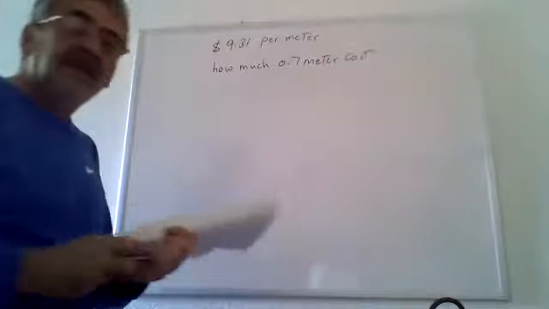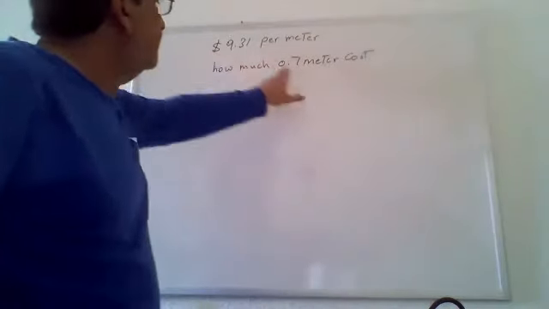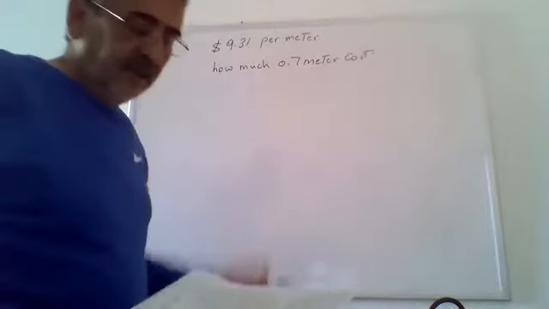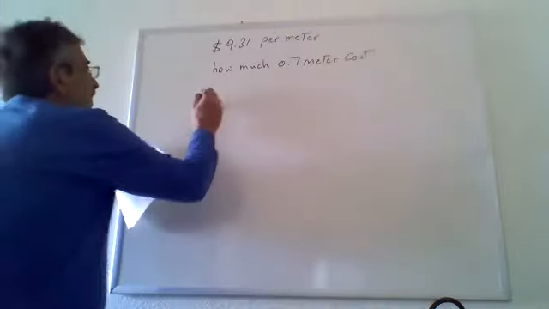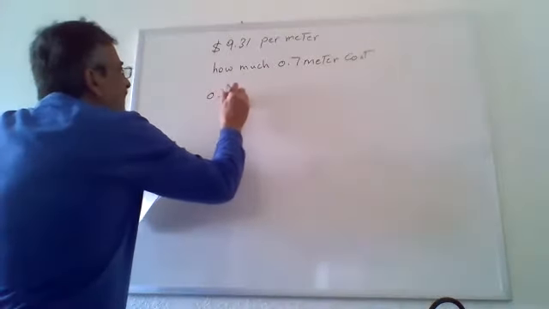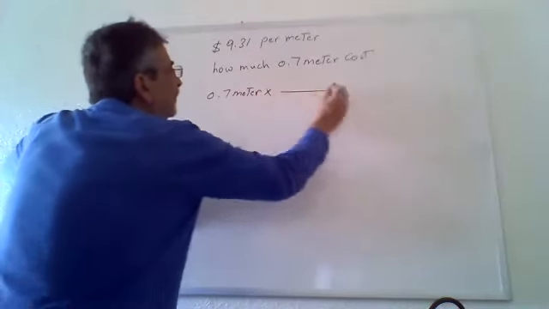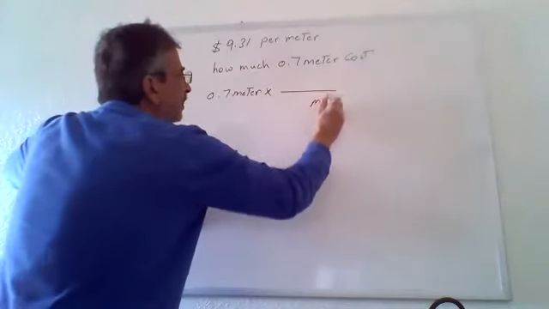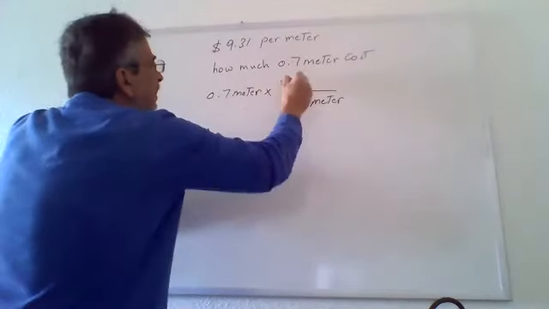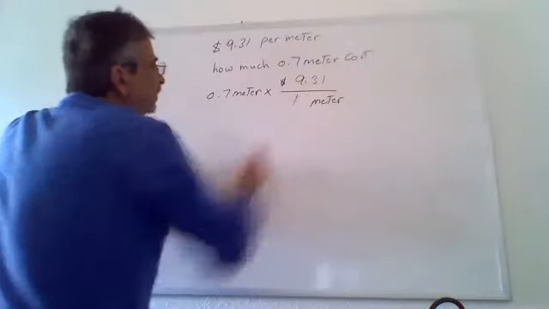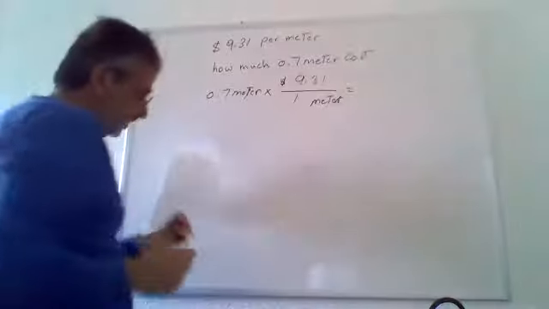So that's simple and straightforward. We know the cost per meter. We know how many meters we want. We just simply multiply the quantities. So we have 0.7 meter times the fraction, meter on the bottom, dollar on top, that's 9.31 to 1. The meters cancel out.